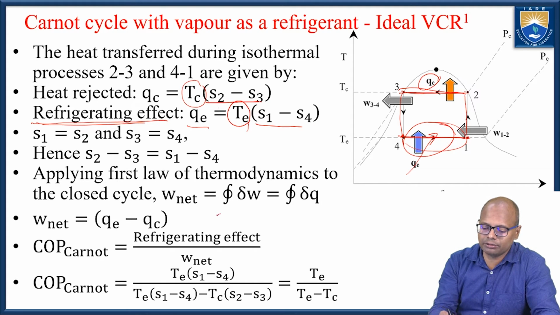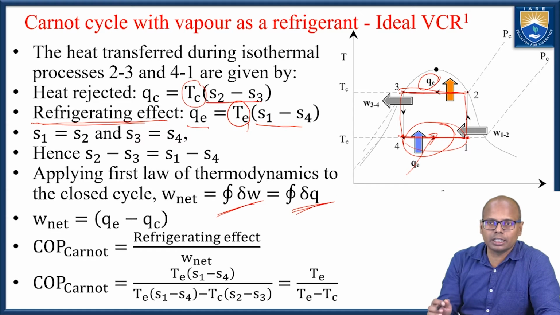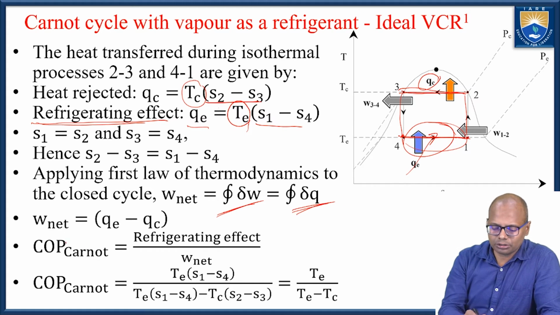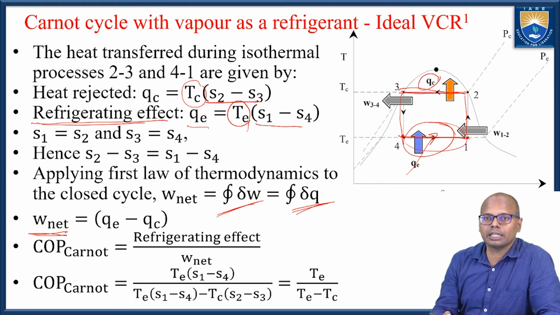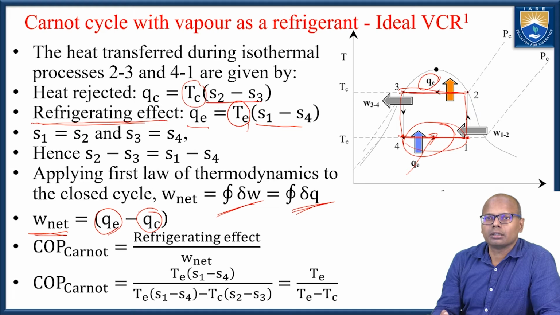So this is the net work done on the cycle and it is the net heat rejected. So either one I can use. The net work is equal to the amount of heat rejected. That also we can use.